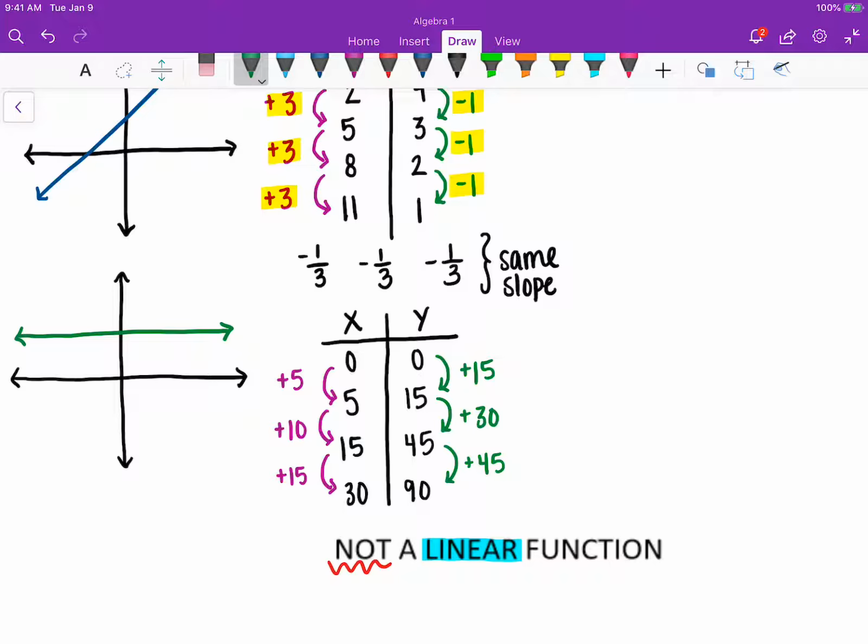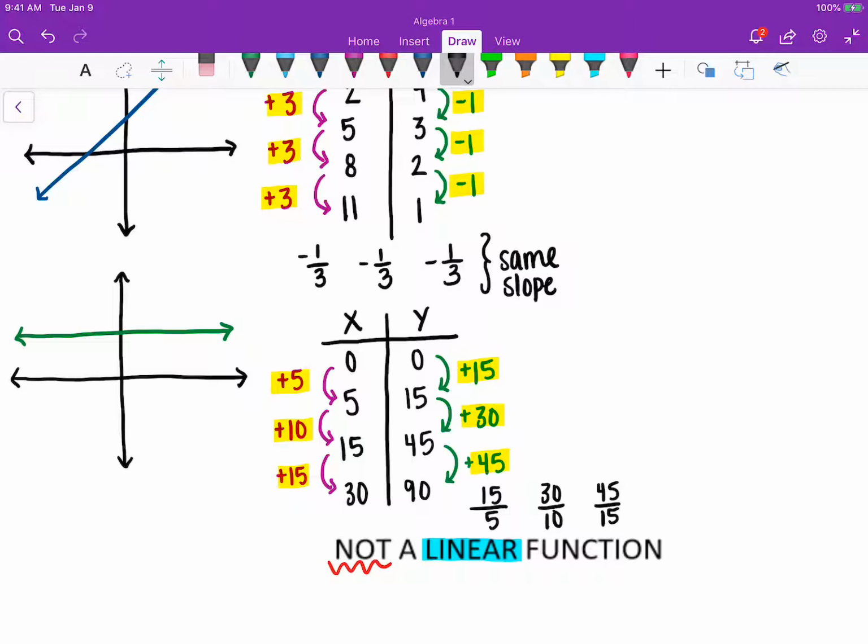But when you set up the slopes and look at the change in the y's over the change in the x's, and I set those up as fractions, I would get 15 over 5. For my next fraction, I would do 30 over 10. And for my last one, I would get 45 over 15.